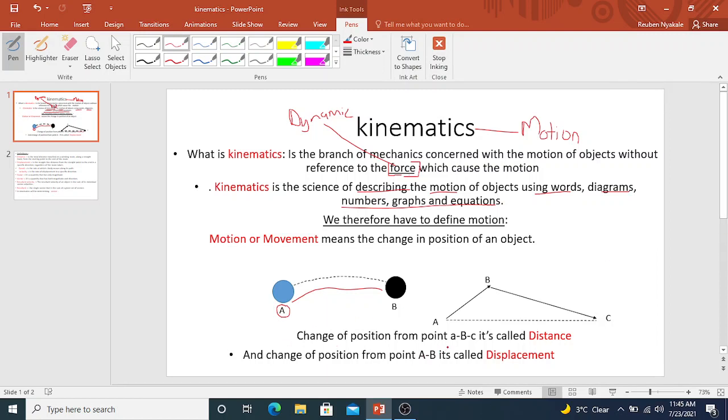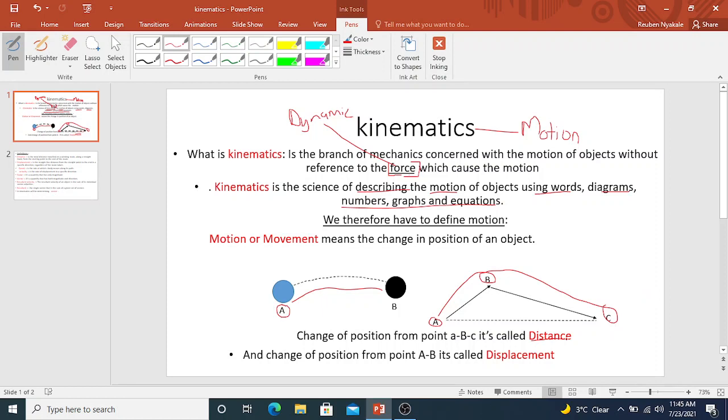A change of position from point A to B to C is called distance. That which you would have covered from A to B is called what? Distance.